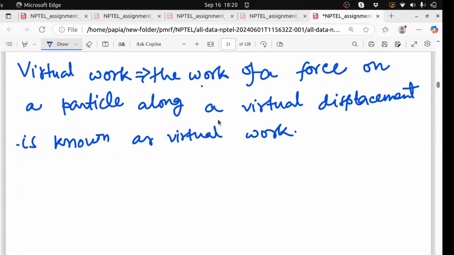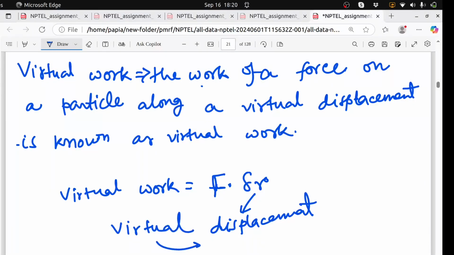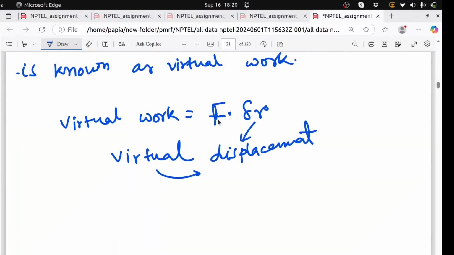So it's very simple: virtual work can be defined as F dot delta R, where delta R is the displacement, but it is a virtual displacement. This is a very important one. Virtual work means the force times the virtual displacement.